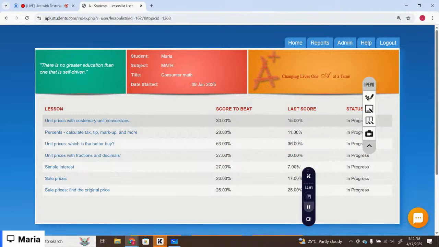The next lesson is sale prices. I'm going to start with test questions so that we can do more practice questions.